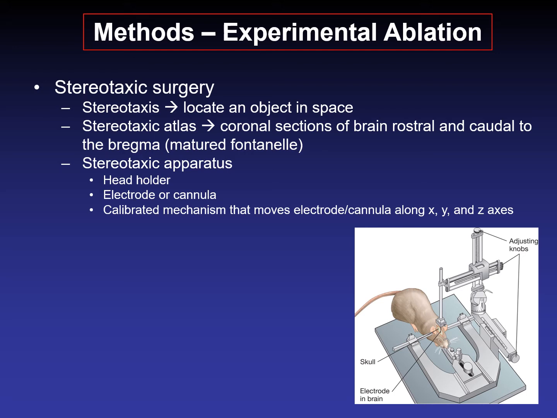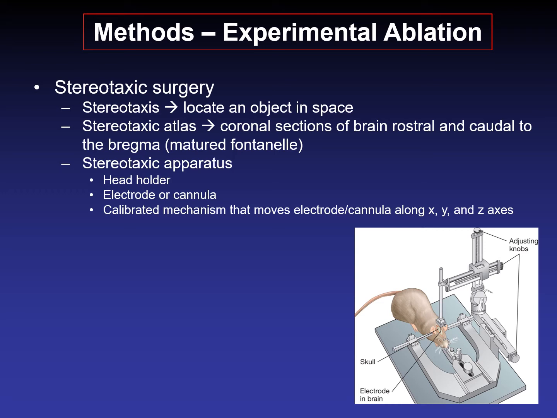And in this case, the object is the brain. And what they'll do is basically put some bolts into the skull of the animal to hold the head steady and in place, and that puts the head into a stereotaxic space where you've got X, Y, and Z coordinates. And then you use the stereotaxic atlas to find the brain region you're interested in.